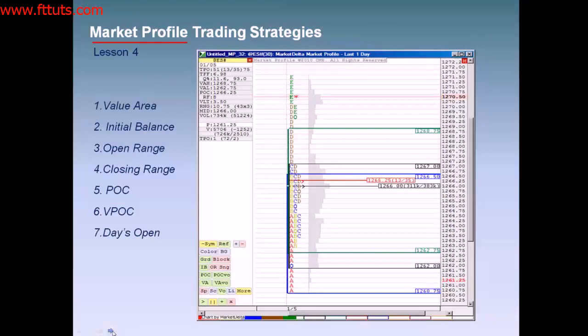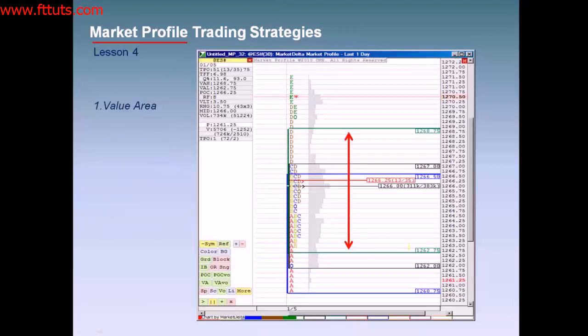When I say the parameters, I mean what is the bottom limit and what's the top limit of the value area. The bottom limit on our value area that we see is 1262.75, and the top limit is 1268.75.